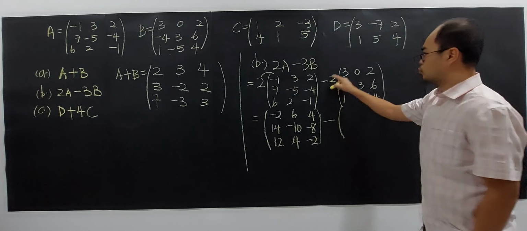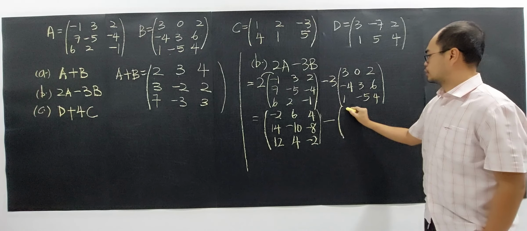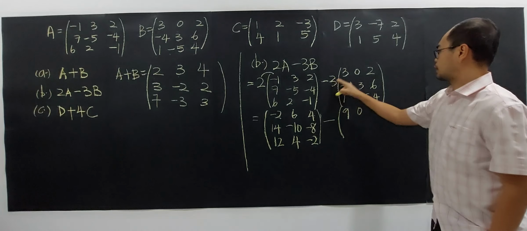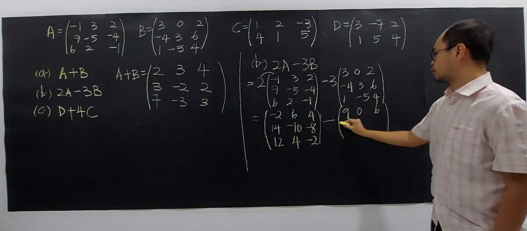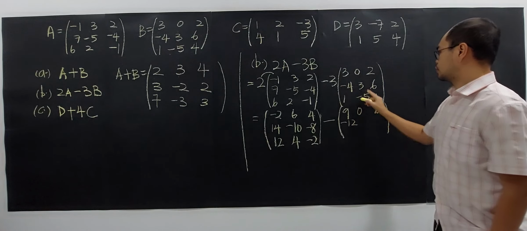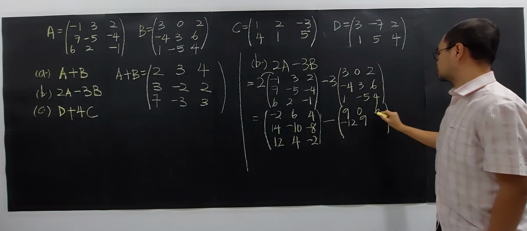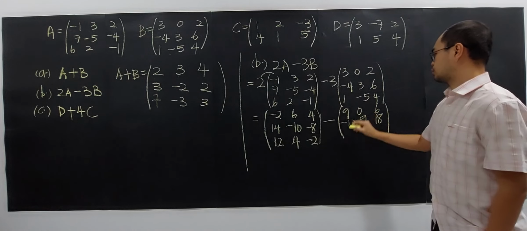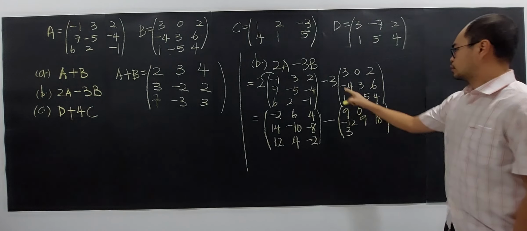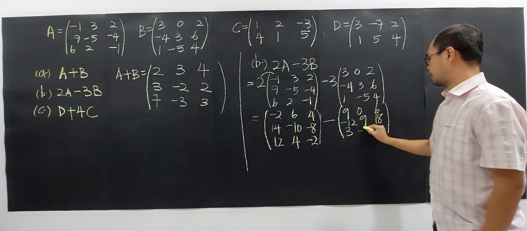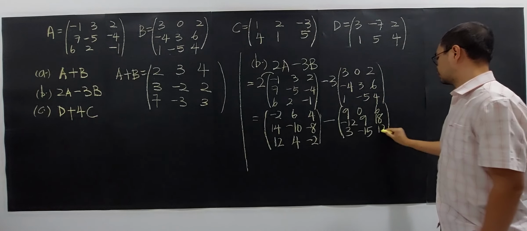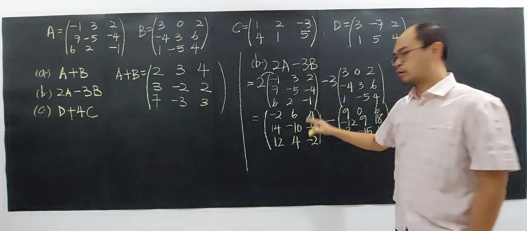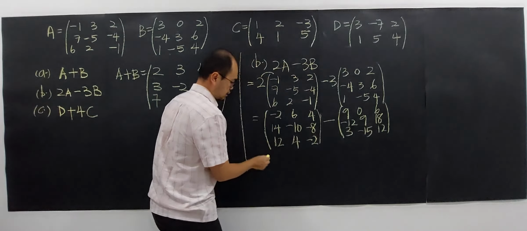Before you subtract, you do the scalar multiplication first. For B, 3 times 0 is 0, 3 times 2 is 6, 3 times -4 is -12, 3 times 3 is 9, 3 times 6 is 18, 3 times 1 is 3, 3 times -5 is -15, followed by 3 times 4, 12.